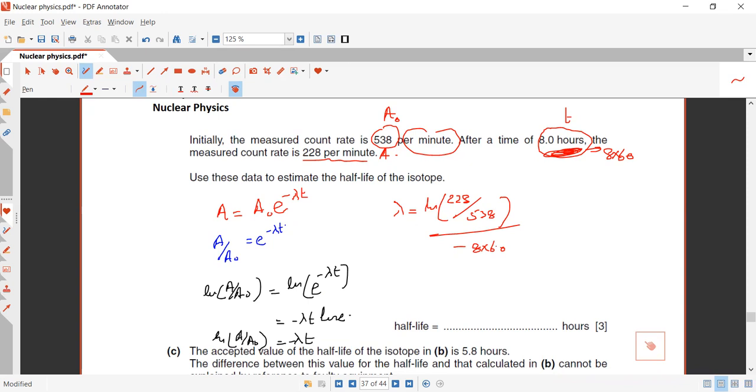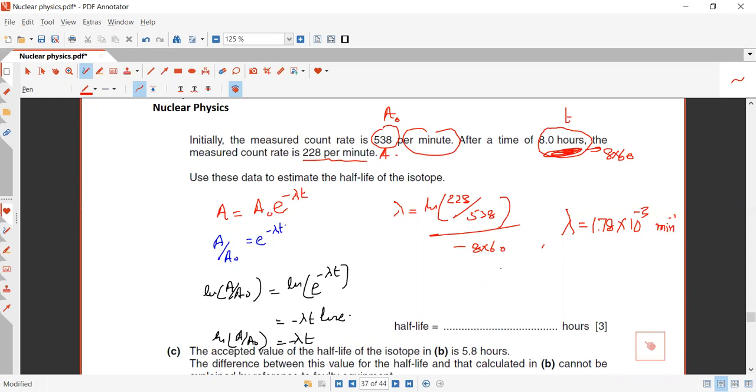You're going to get negative 0.85, and you divide it by 8 times 60 as well. So students, what will your value of lambda be? 1.78 times 10 to the power negative 3 per minute. Right, students? Okay.